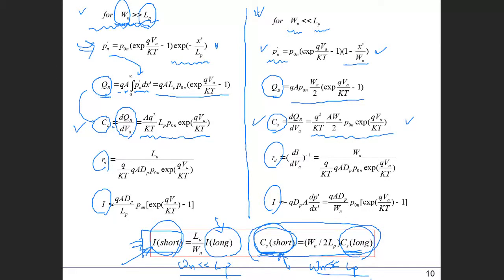So for the same given bias, in the short-base diode you will see a lot more current flow compared to the long-base diode. That kind of conclusion we can obtain from this simple derivation.